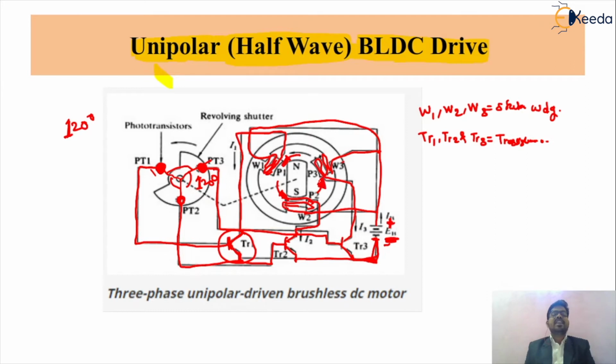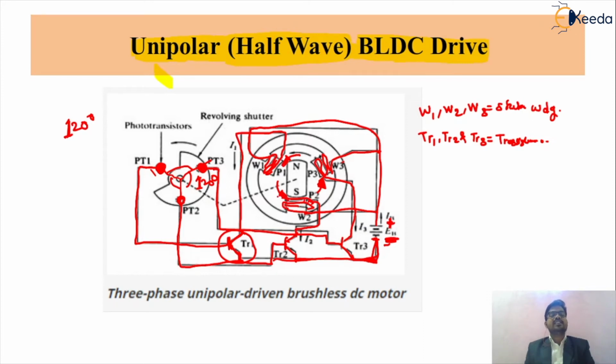So friends, in this way, while we are changing the position of the phototransistors, we can operate the different transistors which are connected into the circuit. While we are changing the position of phototransistor PT1, the transistor TR1 will be in the conducting state. While we are changing the position of PT2, the transistor TR2 will be in the conducting state, and according to that, the rotor of your BLDC motor will work.